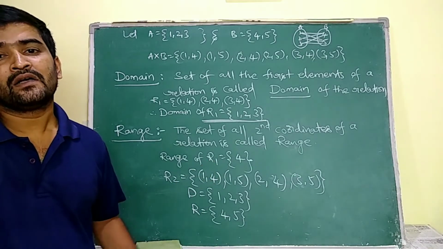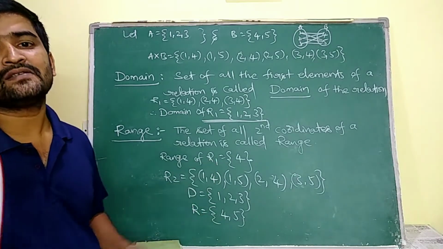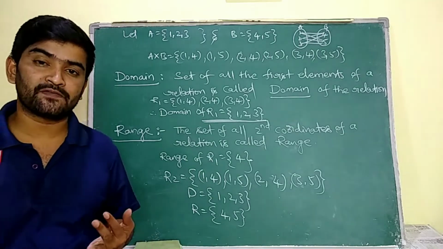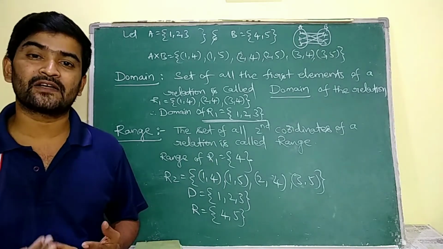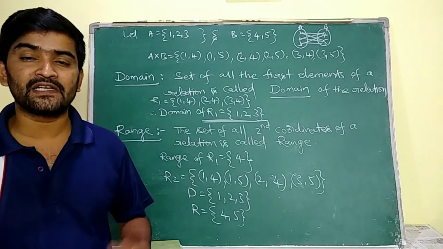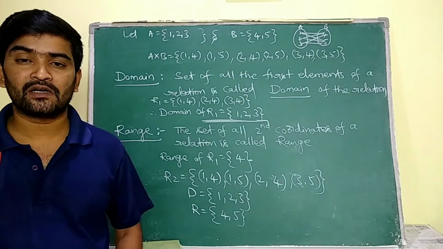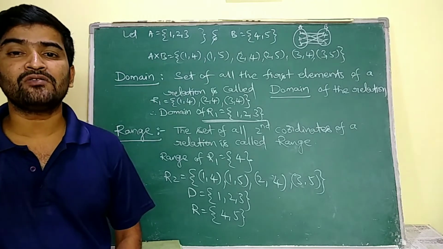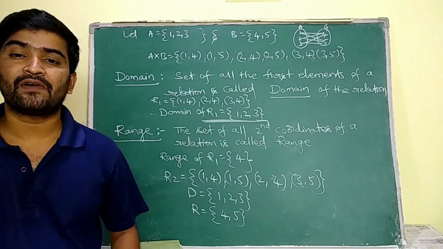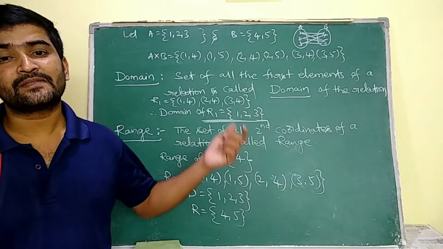In the relations topic, we have to discuss different types of relations, how to represent relations, and the properties of relations, everything is there. But we are going to discuss it in a separate video. Now we are going to discuss a function. A function is nothing but a special relation.